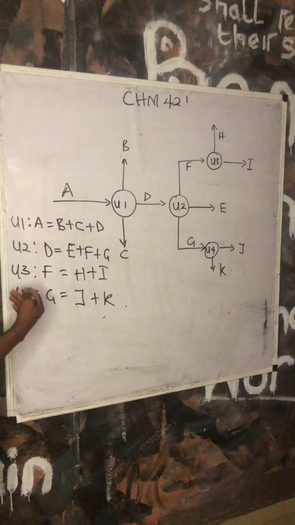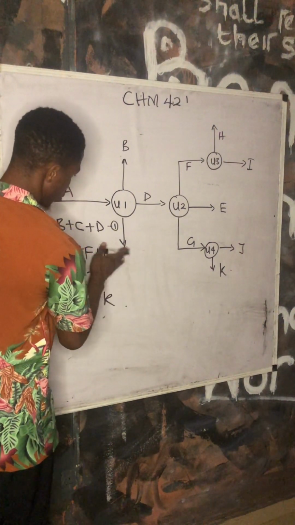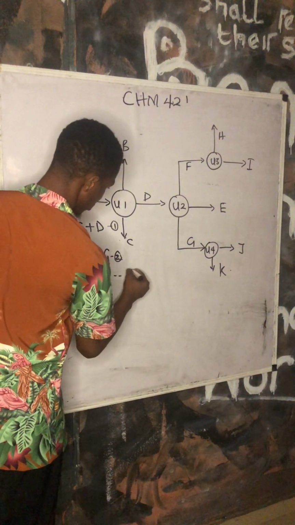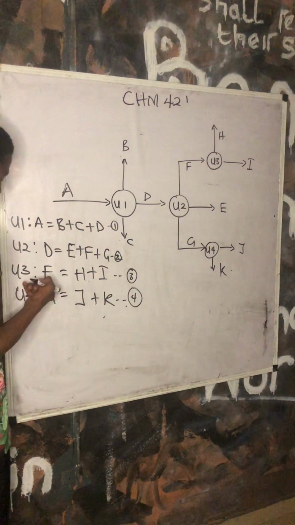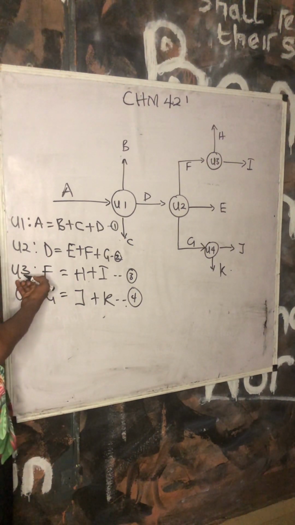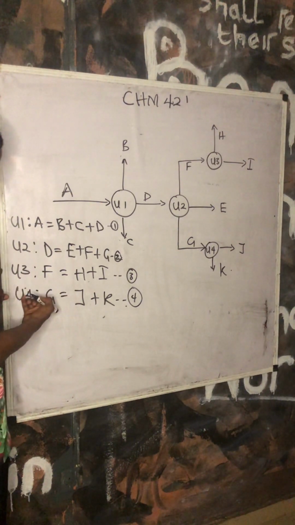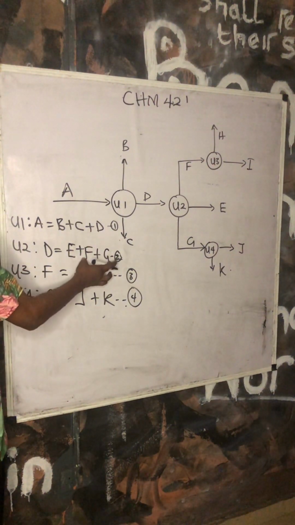Now you start substituting. Let's put this as equation 1. This is 2. This is equation 3. This is 4. So if 3 has F as the subject of the formula, and G also is the major one here, I can substitute the value of F and the value of G inside this place.